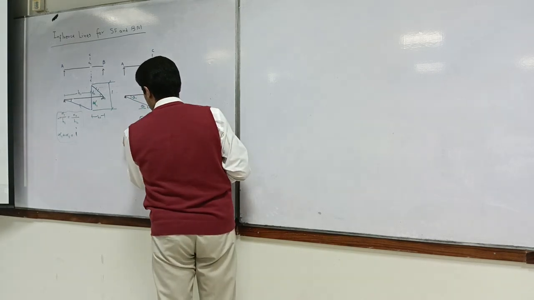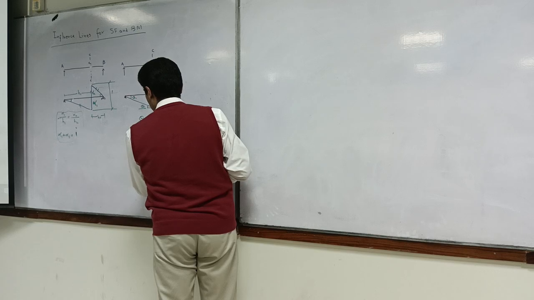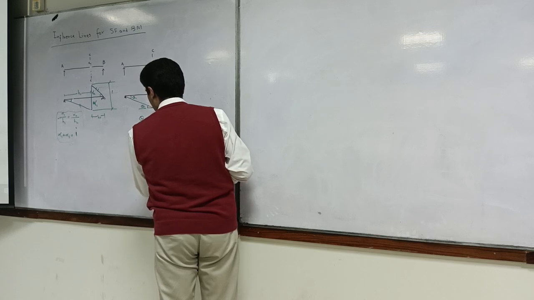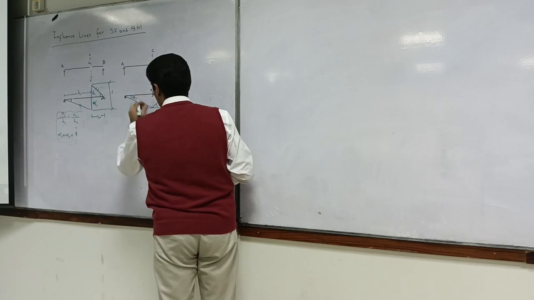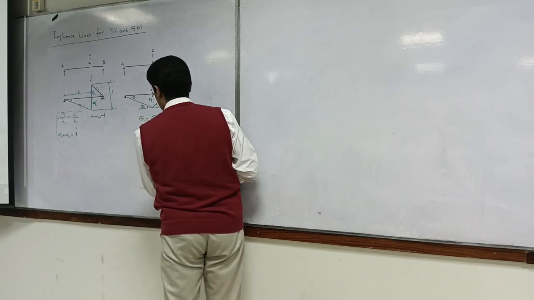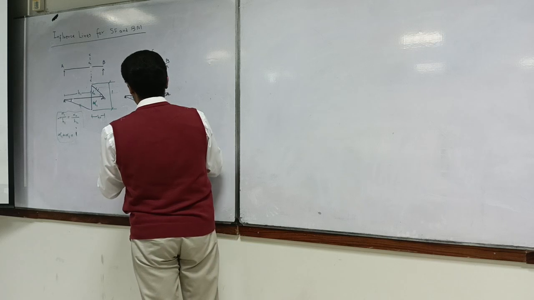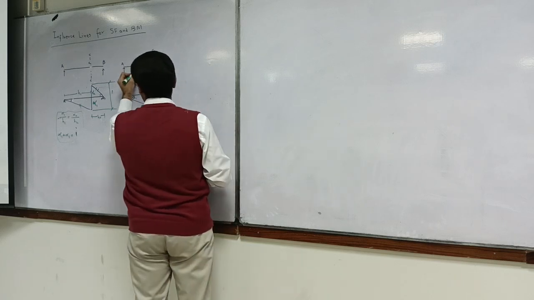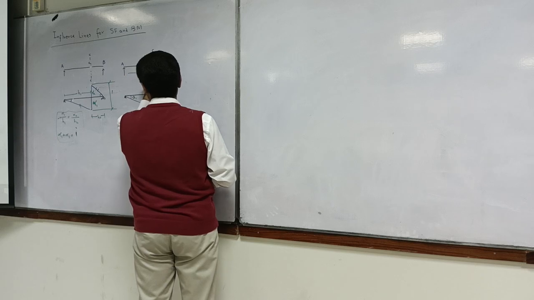So tan theta 1, which is approximately equal to theta 1, is equal to big H by h1. This is again h1 and this is h2.